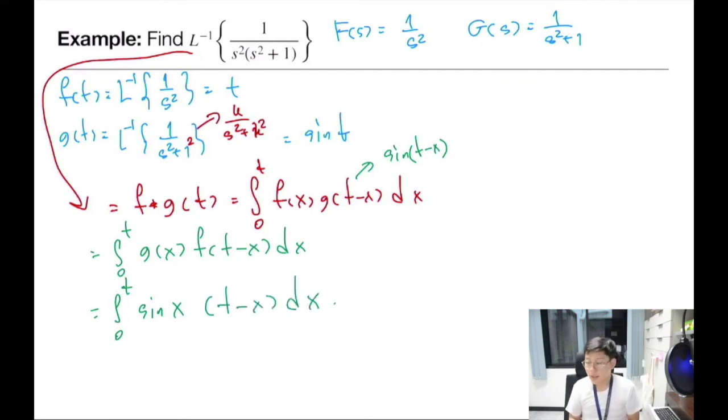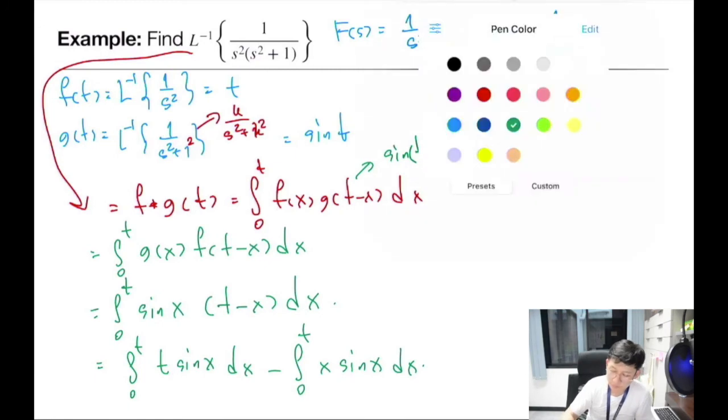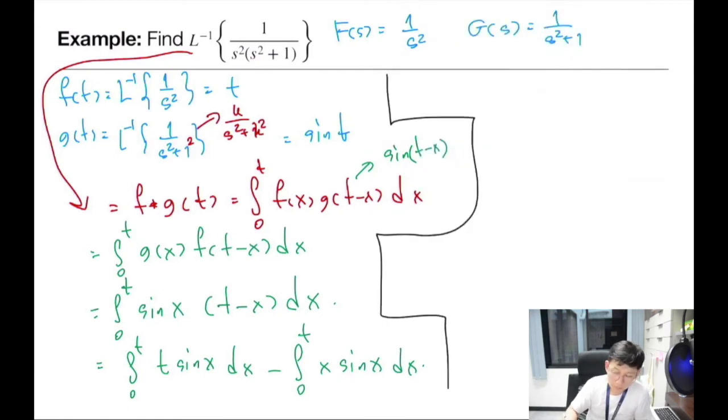Okay, and that is just integrate 0 to t of t sine x dx, minus integrate 0 to t of x sine x dx. The first one is quite simple because you can pull t out, right?